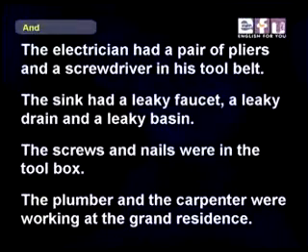Well, and is used to connect two or more nouns. In sentences 1 and 2, and is used to connect two objects. And in sentences 3 and 4, and is used to connect two subjects. And is also used to connect two clauses, as in these examples here.